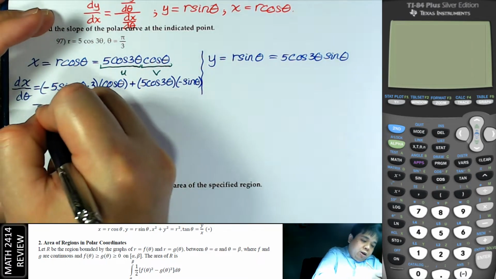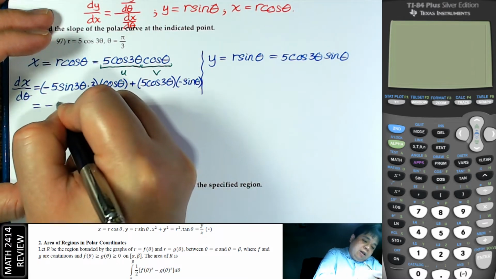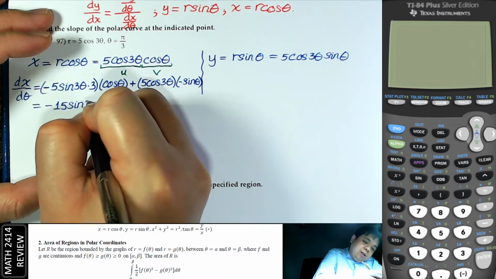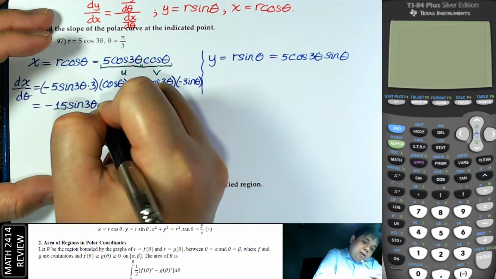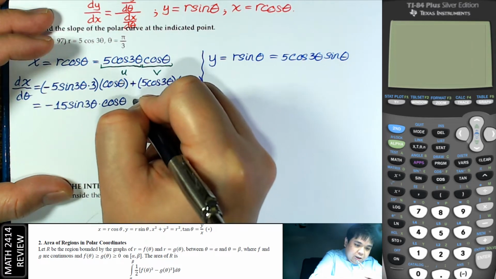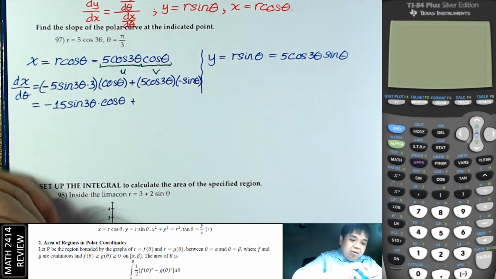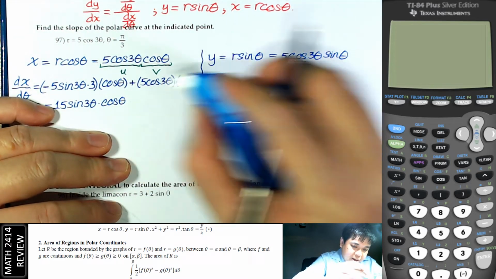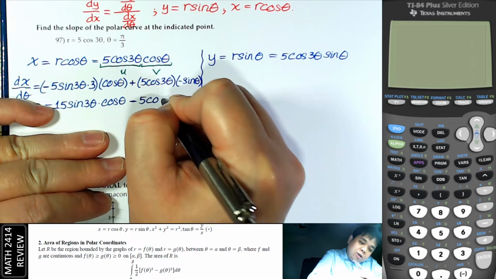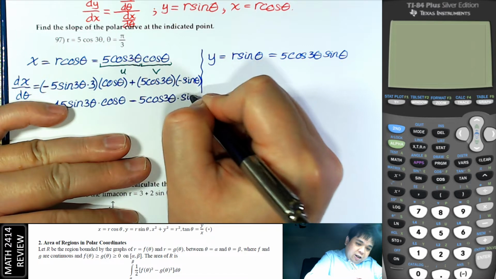Right, so when we clear this out, we have negative 15 sine 3 theta cosine theta plus, actually, minus 5 cosine 3 theta sine theta.